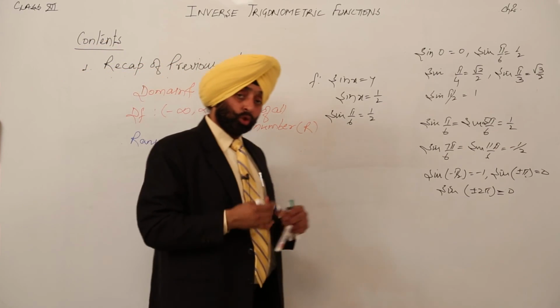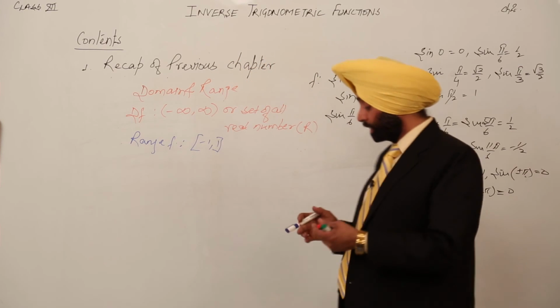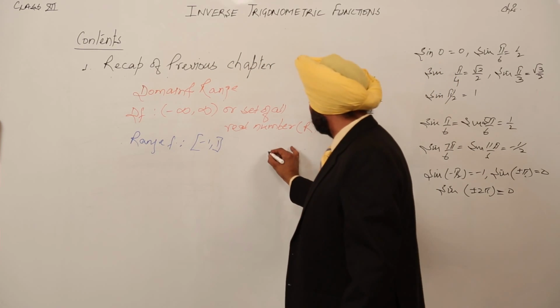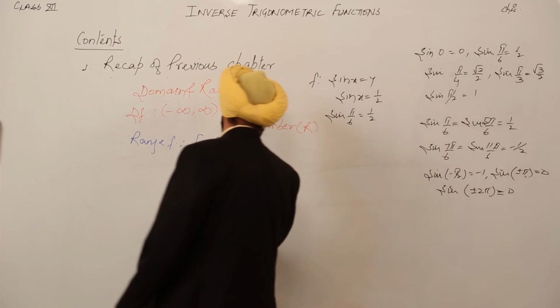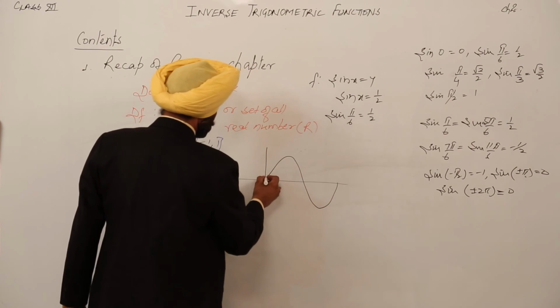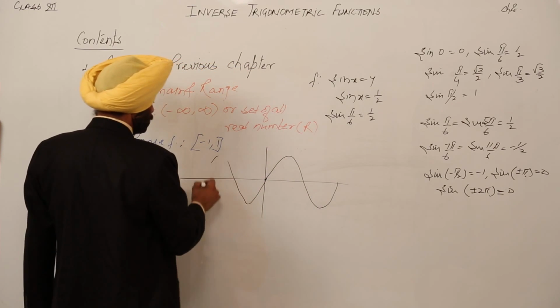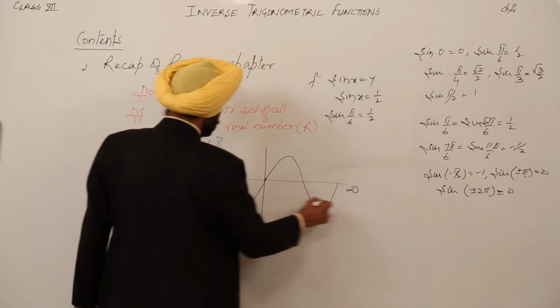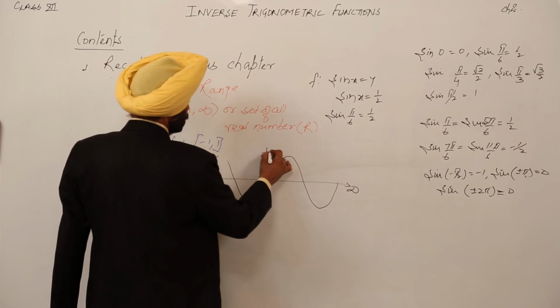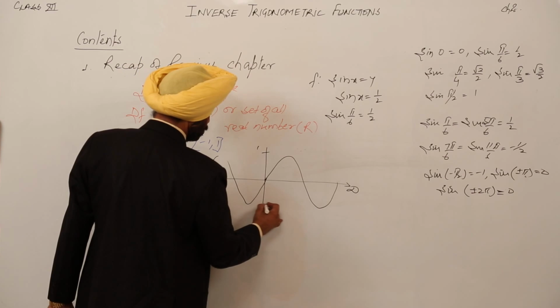So for domain and range, a nice diagram is the graph of sin x that I am drawing here. This side goes to infinity and the other to minus infinity, and this is 1 and this is minus 1.